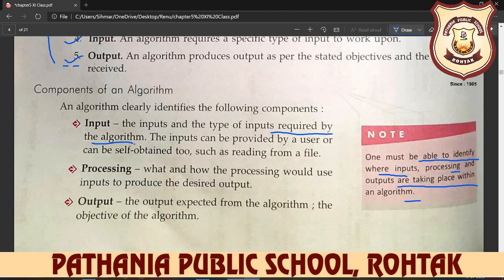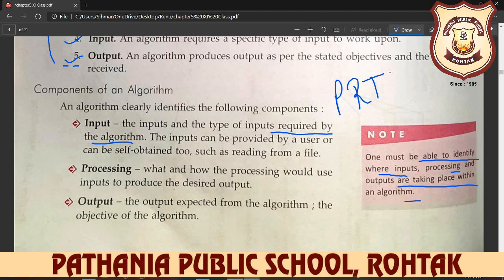For example, if we calculate the simple interest, how many inputs do we need? One is principal, second is rate and third is time. So we require three inputs: P, R, T, principal, rate and time.